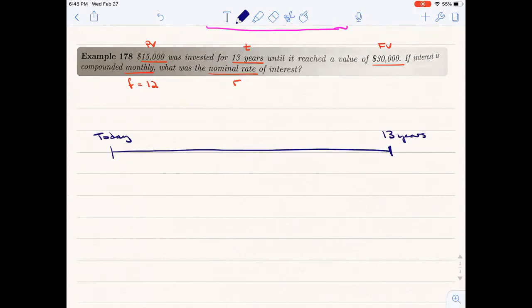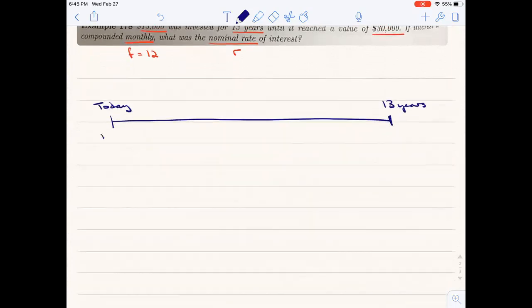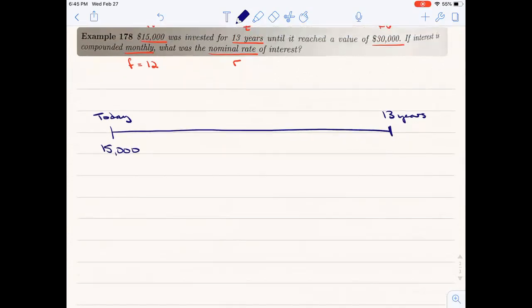It doesn't matter, you could make it today and 13 years ago. As long as the distance is 13 years, you're fine. Always put the dates on top, the amounts below the tick marks. So here today you deposited 15,000 and then it grew to 30,000.